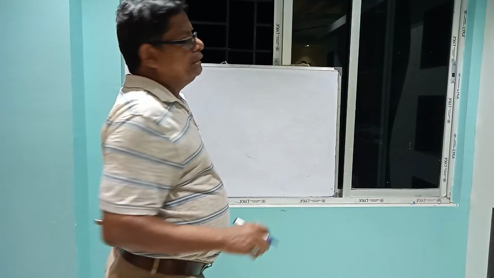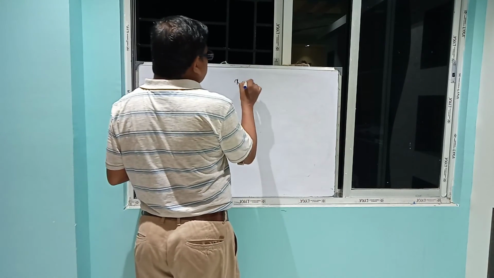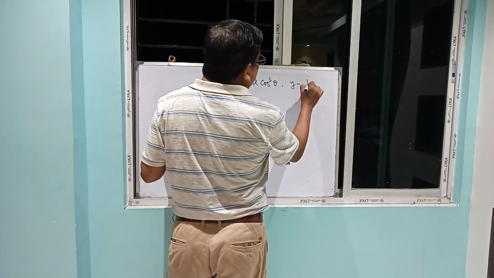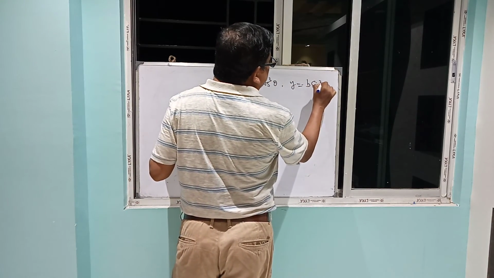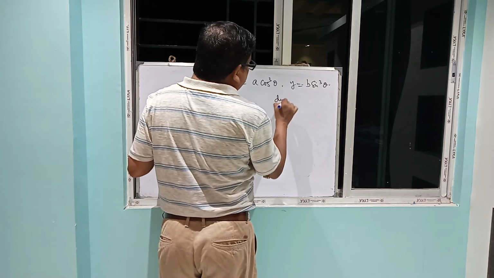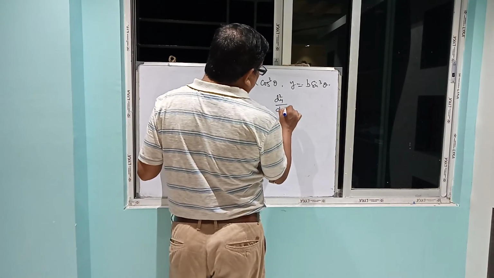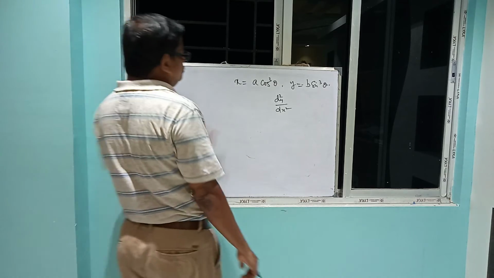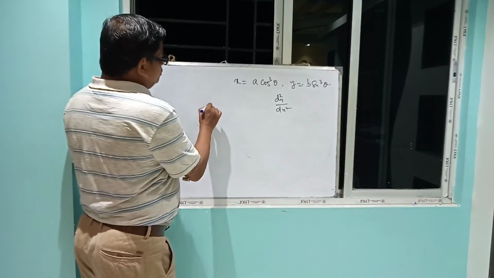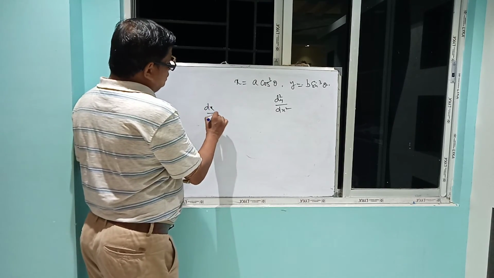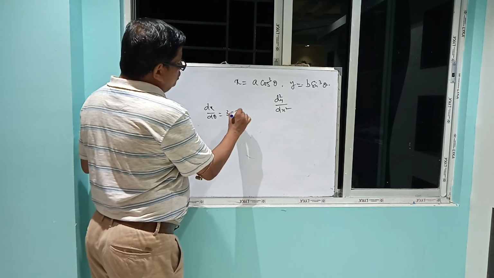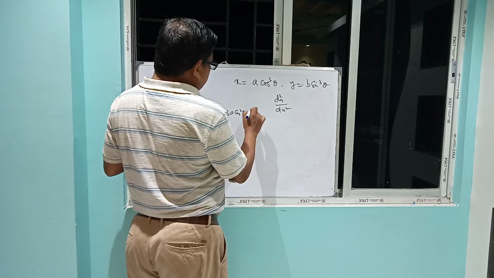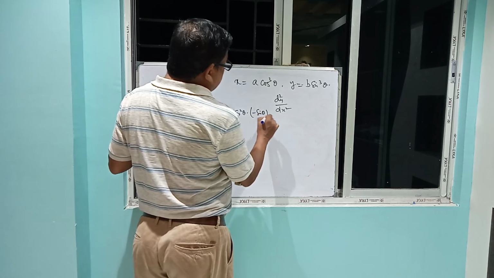Suppose x equals a cos cube theta, y equals b sin cube theta. Find d2y/dx2. First find dx/d theta, which is 3a cos square theta times minus sin theta.